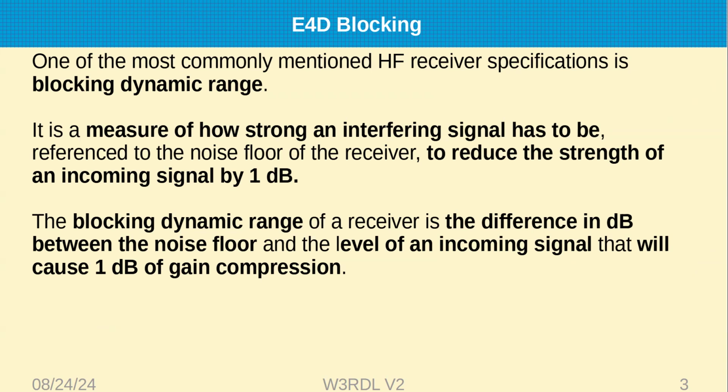Fortunately, I have a little chart that helps explain that. They say the range is the difference in dB between the noise floor and the level of the incoming signal that causes that 1 dB gain compression.